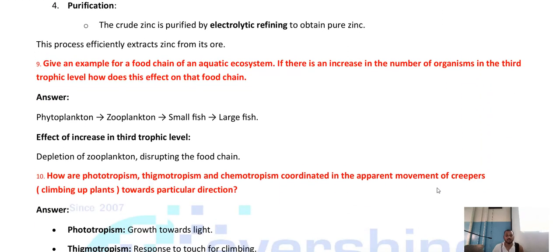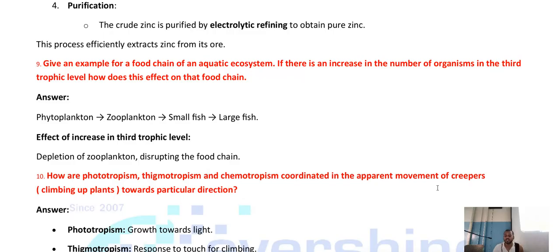Next, give an example of a food chain of an aquatic ecosystem. Here we have different types of ecosystems such as terrestrial ecosystem and aquatic ecosystem. If they ask about aquatic ecosystem, you can write phytoplankton, zooplankton, small fish, large fish.